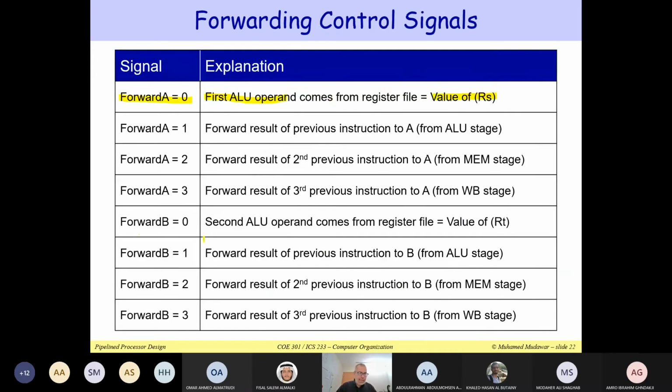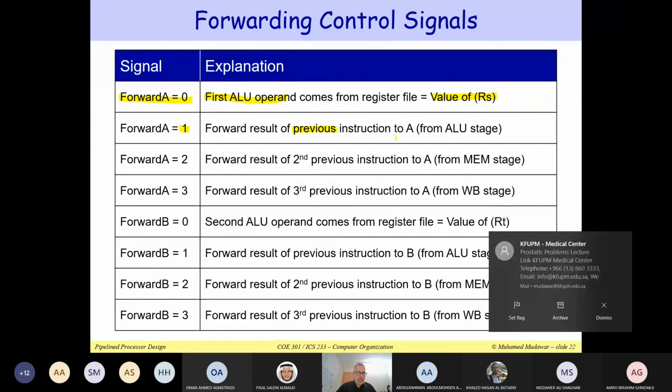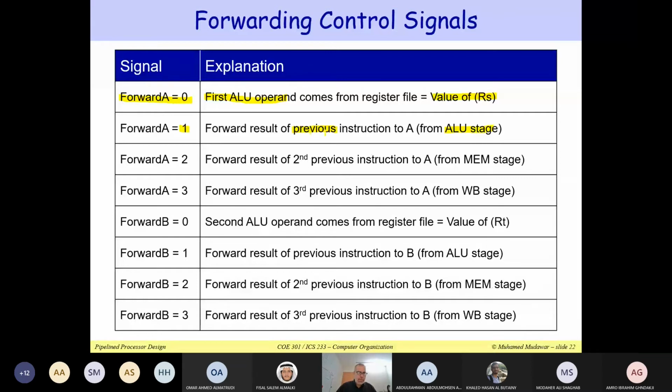If I select 1, if forward A equal to 1, it means I would like to forward the result of the previous instruction from the ALU stage. So that's the meaning of 1. So we are forwarding the result of the previous instruction. 2 means that we are forwarding the result of the second previous, which is in the memory stage.